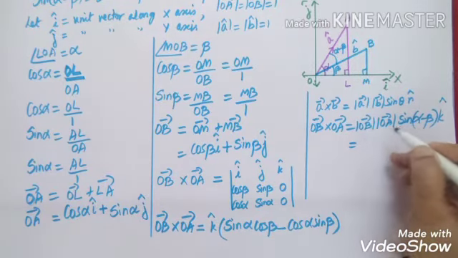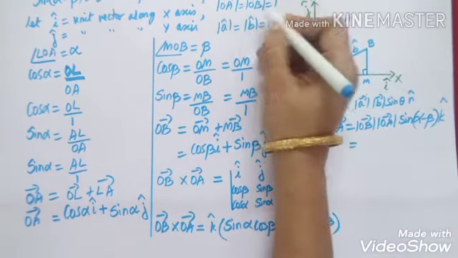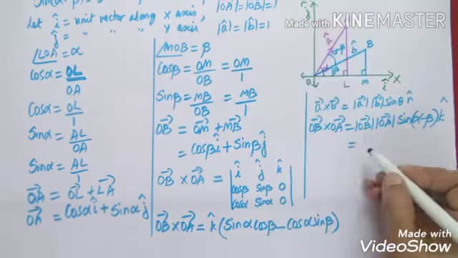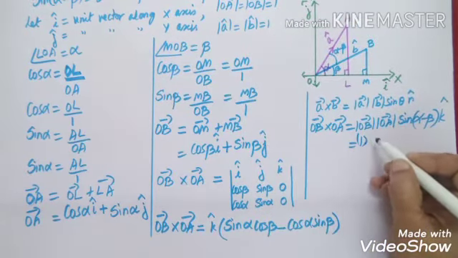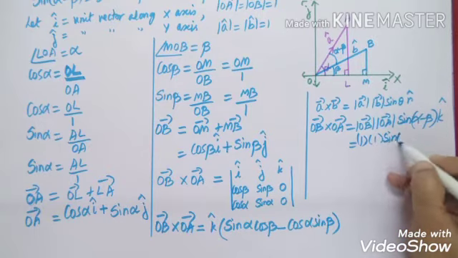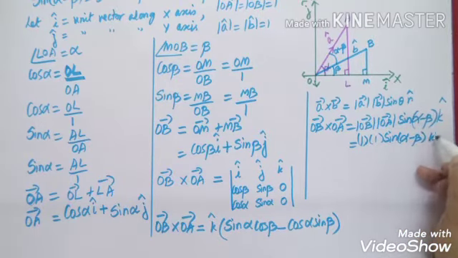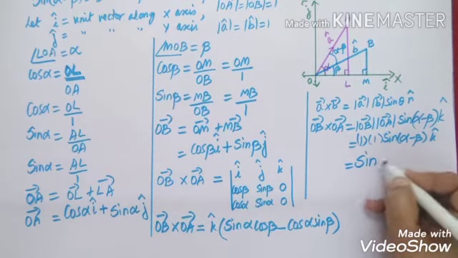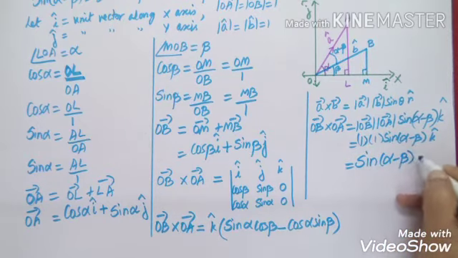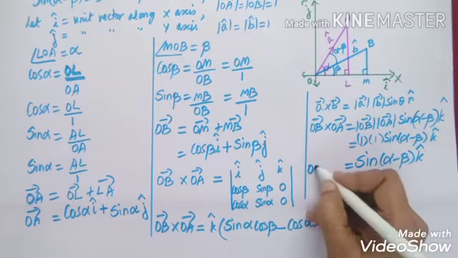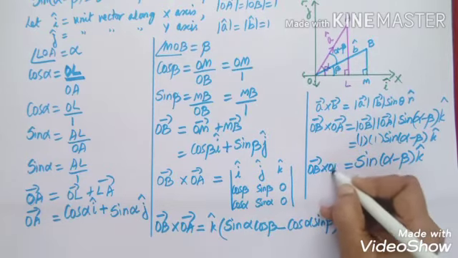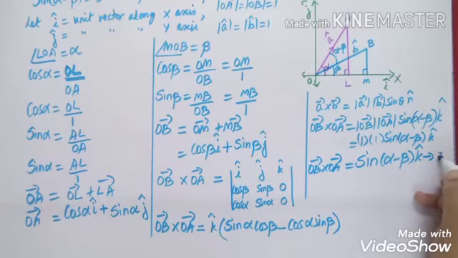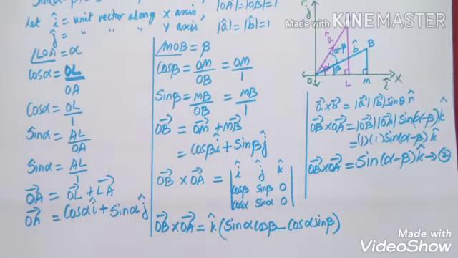What is mod OB, mod OA? We have already taken them as 1. So 1 into 1, 1 only, forget. So my answer is sin(alpha minus beta) into k cap. This is OB cross OA by the formula method.